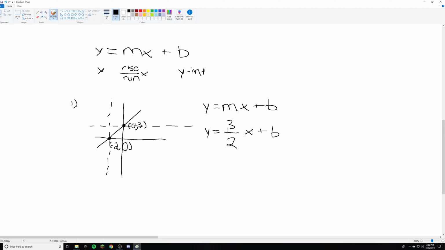Now the only thing we have to do is find the y-intercept. The y-intercept, as I stated before, is the point where this line right here, this black line, hits the y-axis. I'm highlighting this in blue.